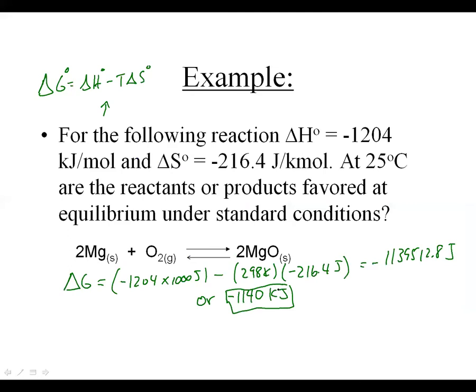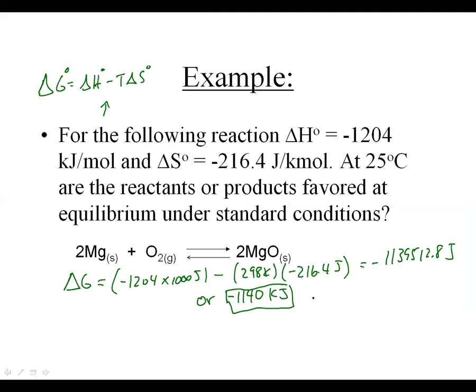Any questions on the calculation part? So remember that we can use this value to determine whether or not this reaction is spontaneous or non-spontaneous. And since our delta G is less than 0, or negative, it would tell us that this reaction should be spontaneous.